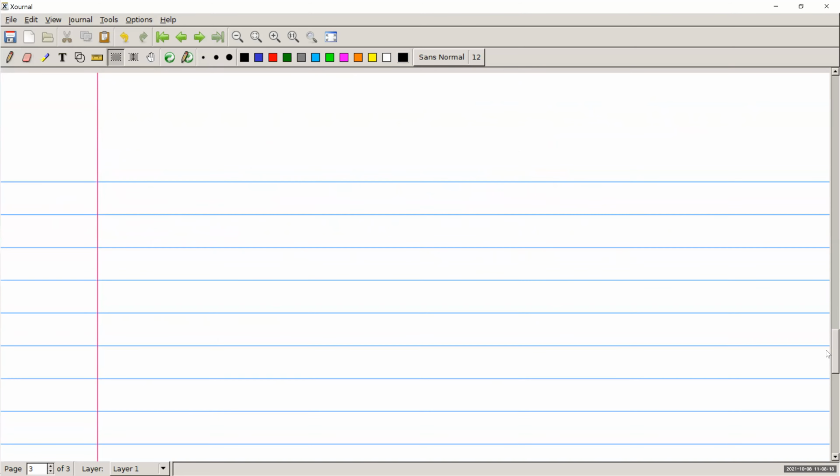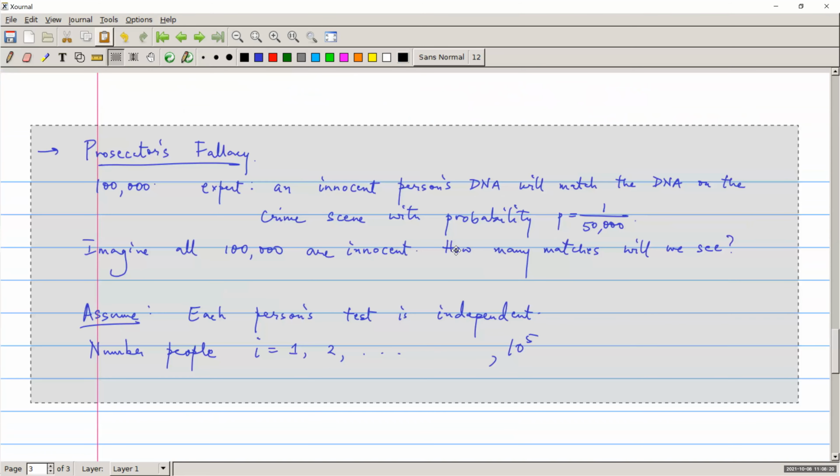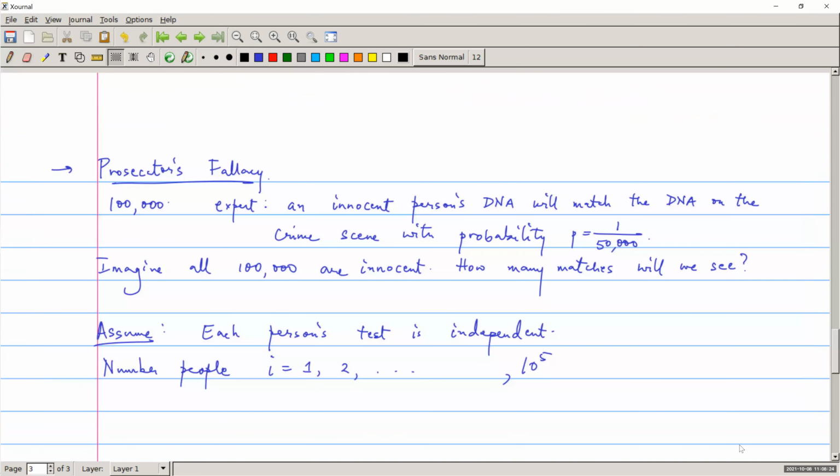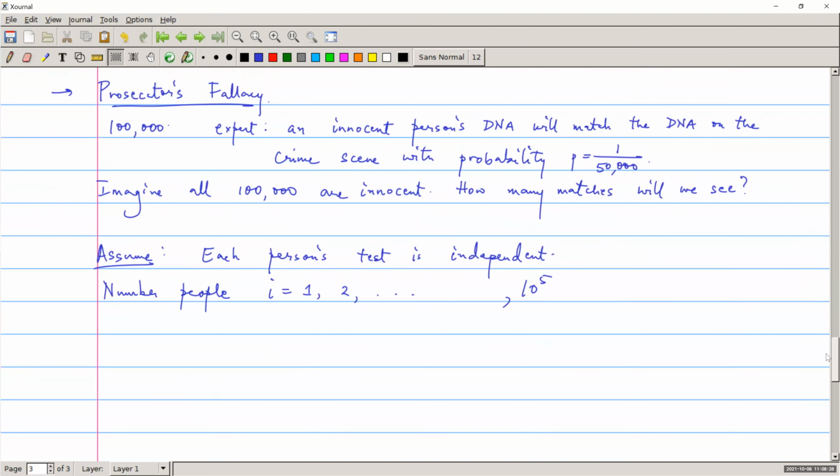No change in what I'm writing. So let's just number the people 1 to 100,000, and let me write Xi, a random variable.